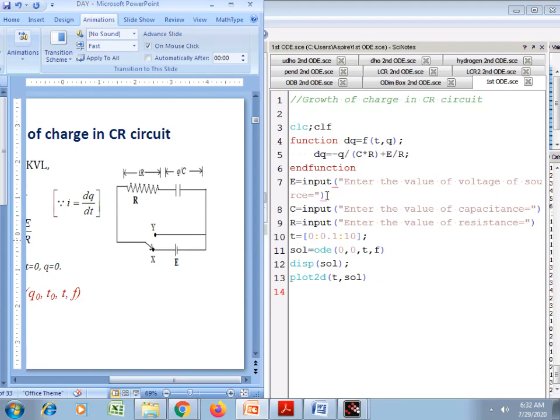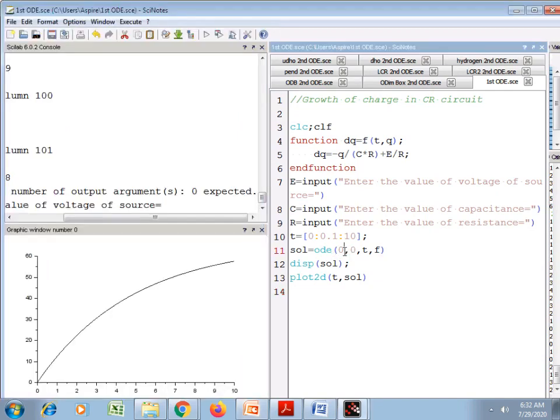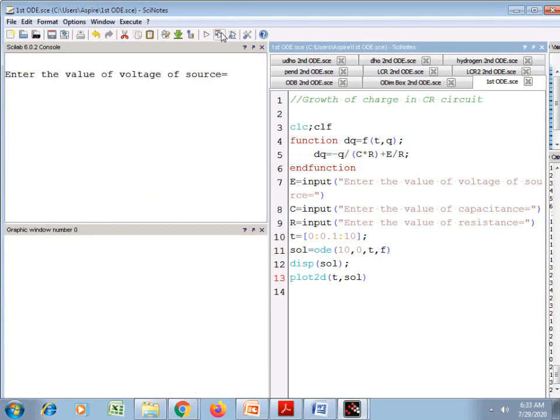Therefore, while executing the program, we set the value of E to 0, and when we put the switch at position Y, the capacitor is fully charged. Suppose the charge on the capacitor when fully charged is 10. So I will put here 10.